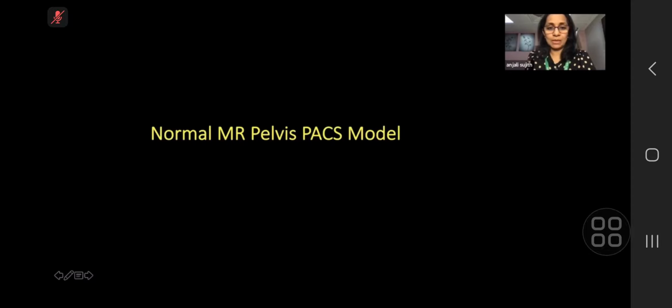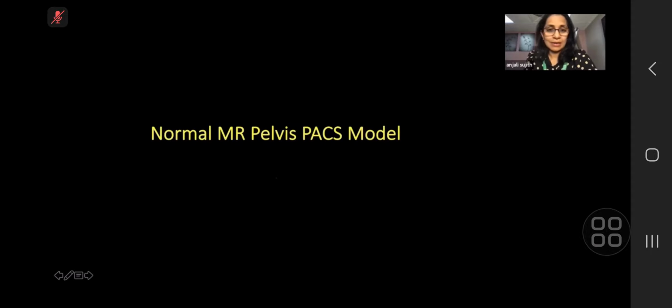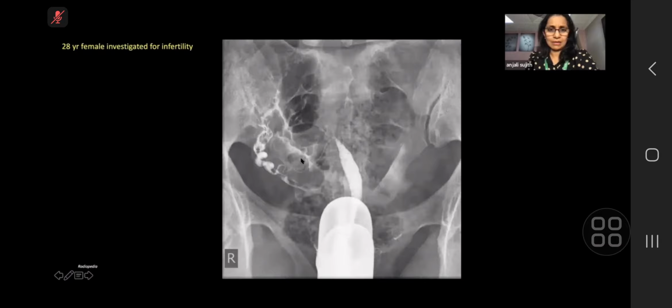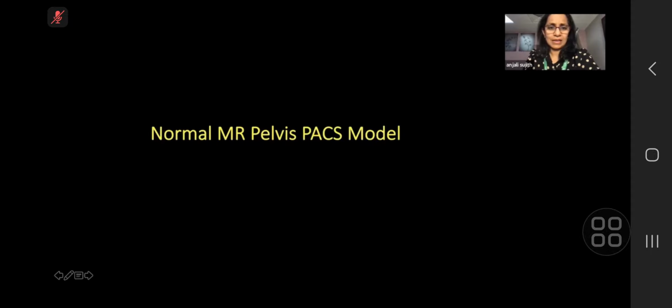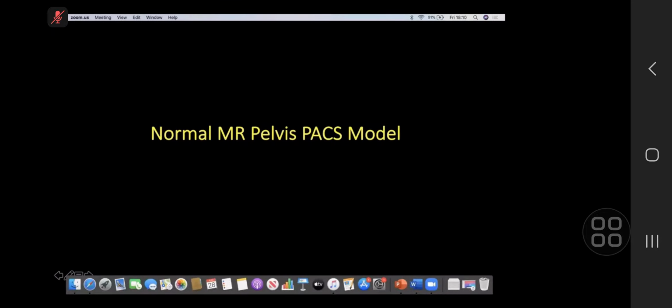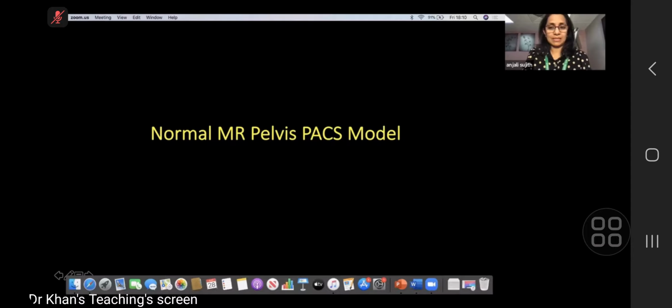Are you able to see the normal MRI pelvis? You can see the presentation, just the words normal MR pelvis. Sorry, I can only see the title page of the PowerPoint, so I can't see you in a PACS screen. One moment, I think I've messed it up a little bit. We can see a slide on which normal MR pelvis PACS model is written.